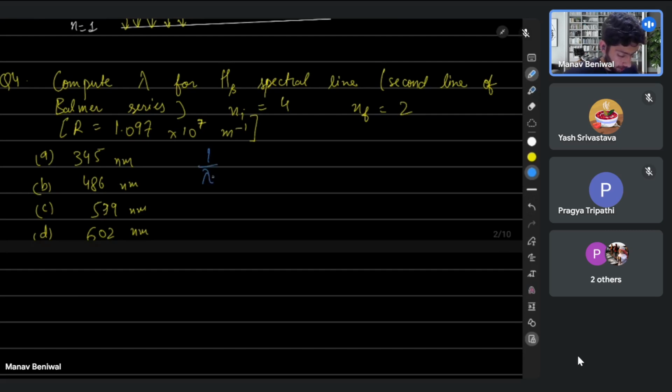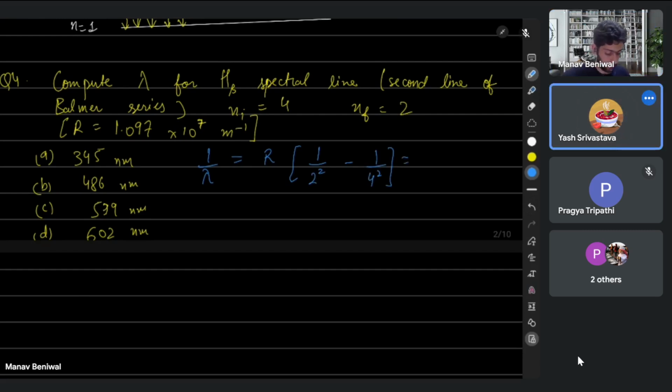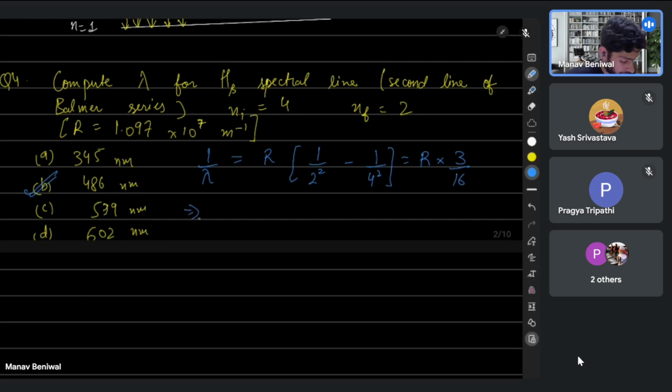So Rydberg's formula gives us, here Nf is 2, so it will be 1 over 2 squared minus 1 over 4 squared, right? So option number B. Yes, correct. So then this will become R into 3 by 16. Okay, so your lambda will be 16 over 3R.